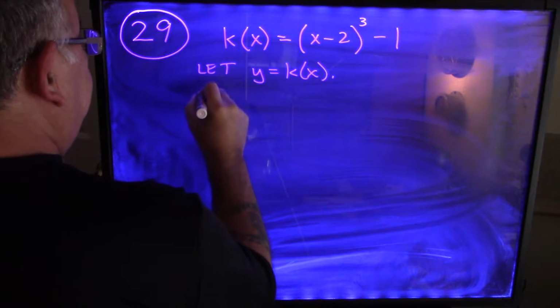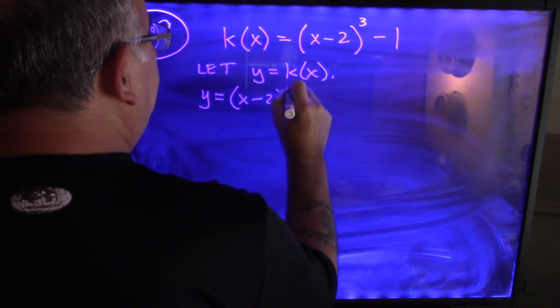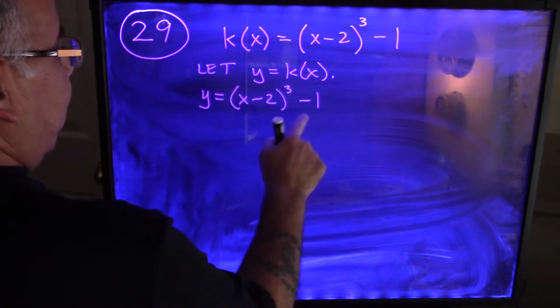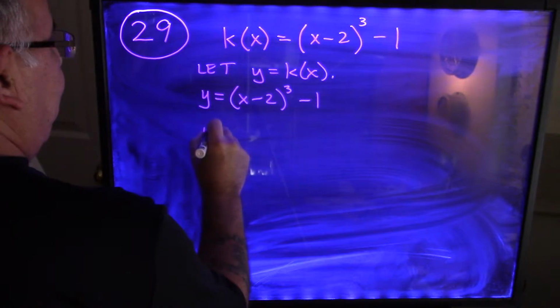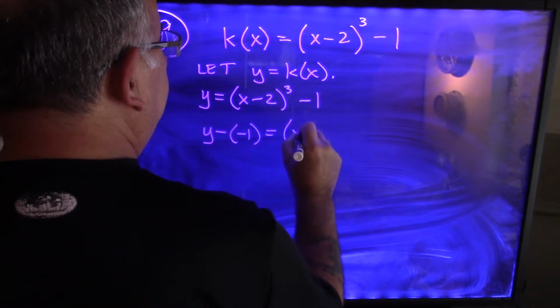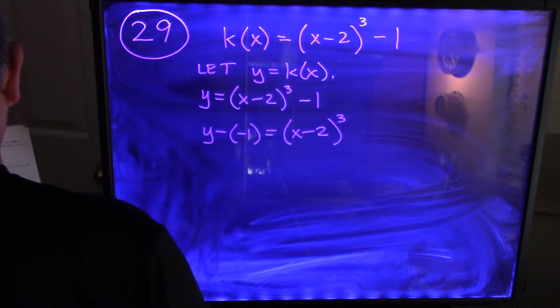Alright, so y is equal to the quantity x minus 2 cubed minus 1. Alright, move the minus 1 to the left side here. Y minus -1 equals x minus 2 in parentheses cubed.